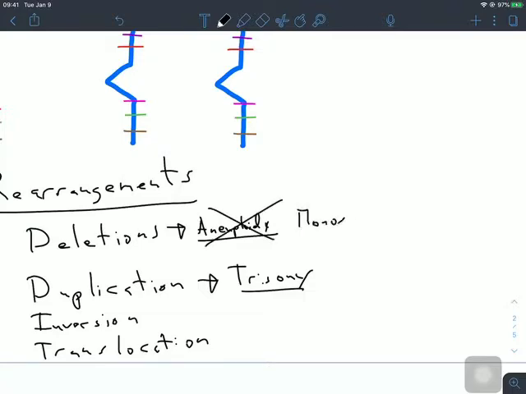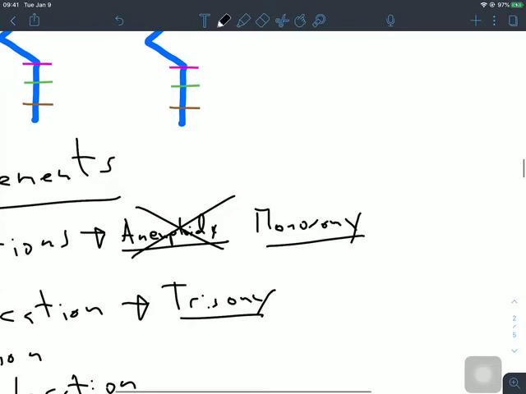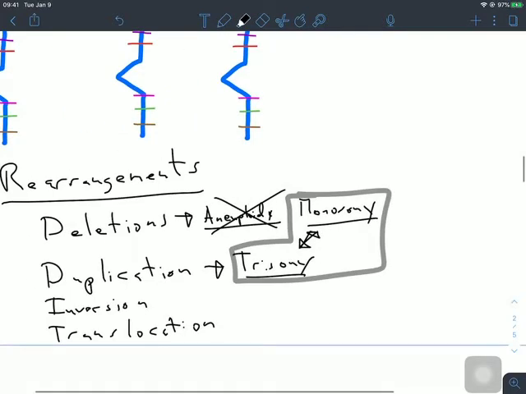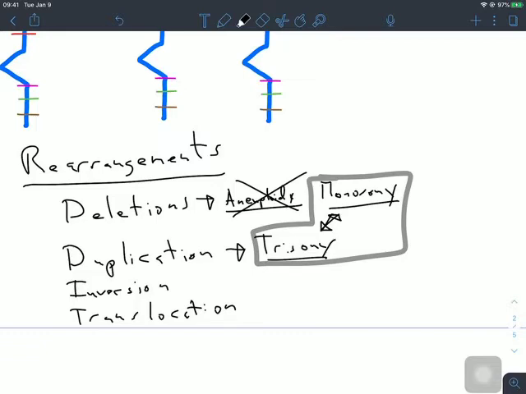Monosomy is our term for a single chromosome or a single gene where we're expecting 2. So monosomy and trisomy are opposite each other, and aneuploidy is the generic term referring to both of these. So deletions and duplications both result in aneuploidy, just different types, monosomy and trisomy.